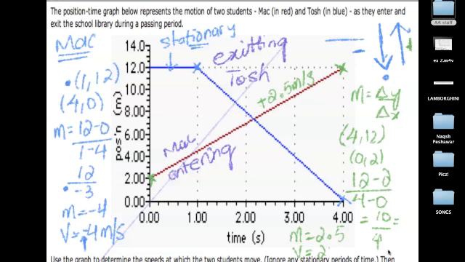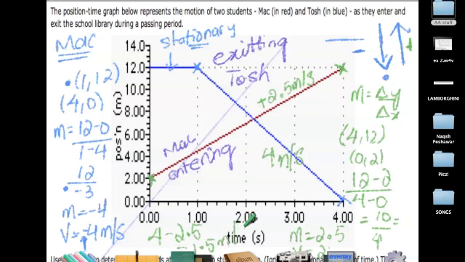So we know that this student is moving faster than this one, irrespective of the direction. The question says: determine how much faster the fastest student moves than the slower student. Speeds are irrespective of direction, so we'll simply ignore the direction. One is moving at 2.5 meters per second and the other at 4 meters per second in the opposite direction, so the faster student is moving 4 minus 2.5, which is 1.5 meters per second faster.